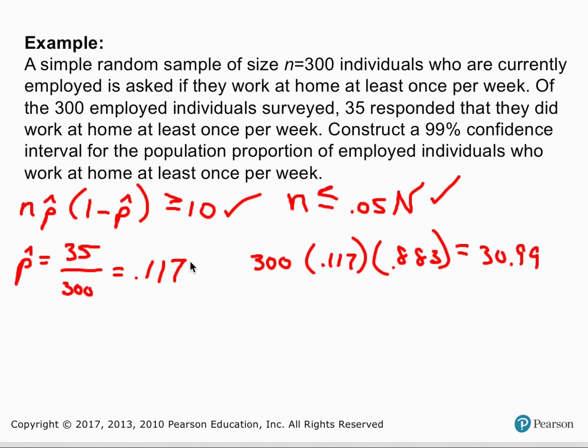All right, so once my conditions are met, let's do this on the calculator. Here's what we're going to do. We're going to go into Stat, then over to Tests.